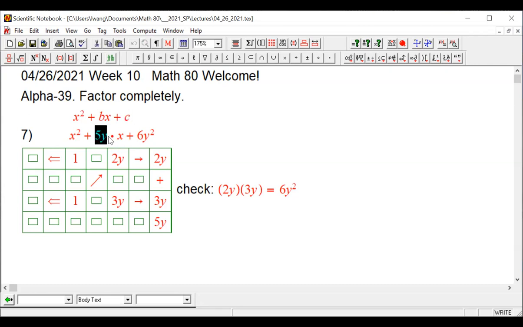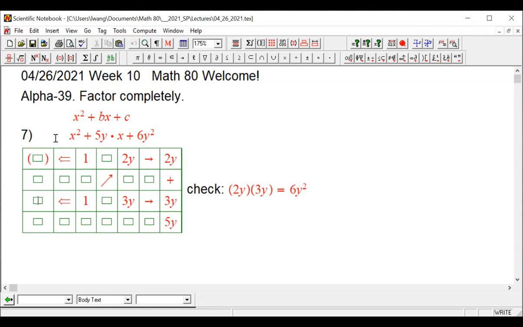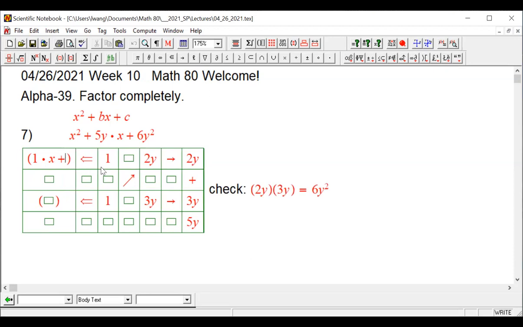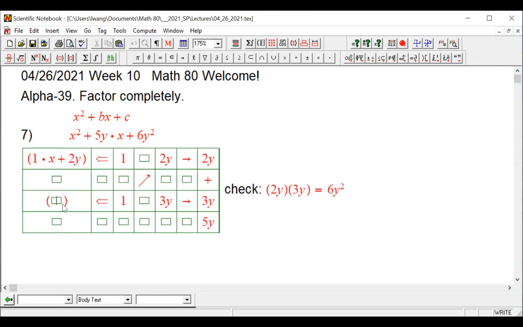Our b is 5y, so 5y matches the 5y perfectly. So now we can compose our factors. The first factor will be 1 times x plus 2y, and the other one will be 1 times x plus the 3y.